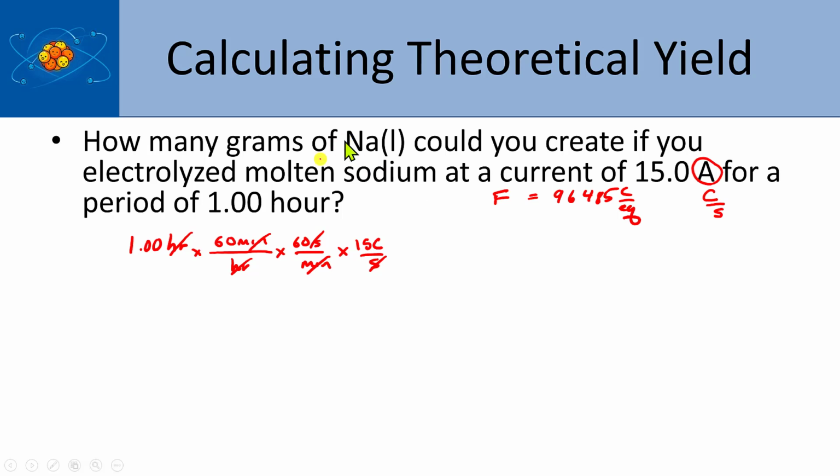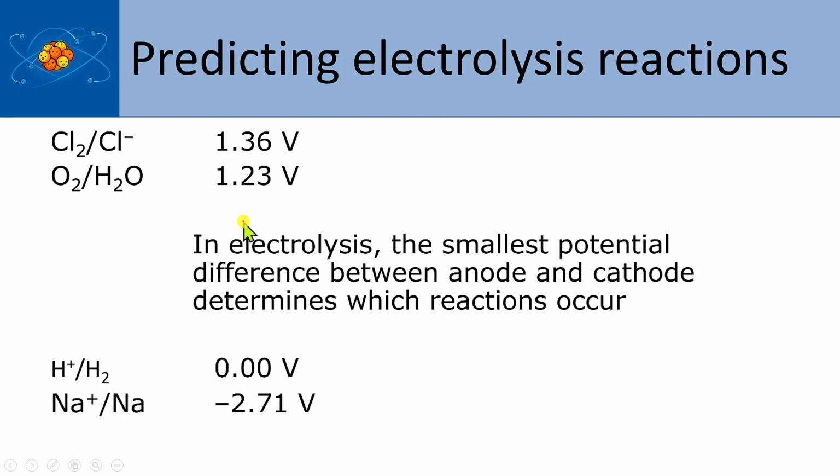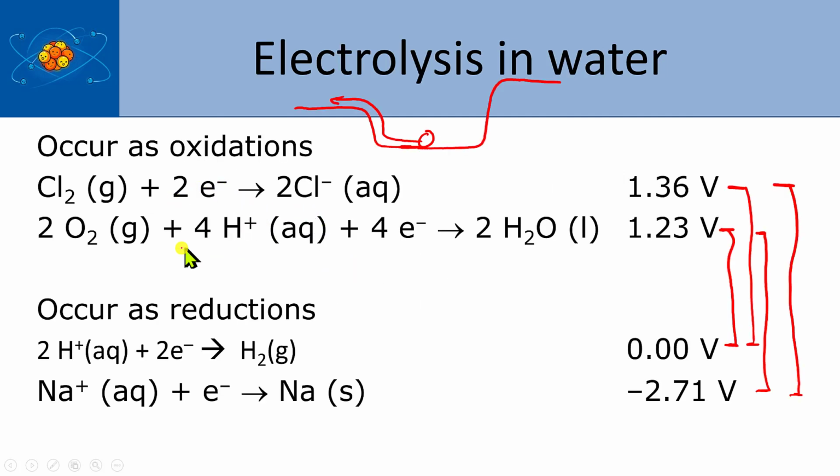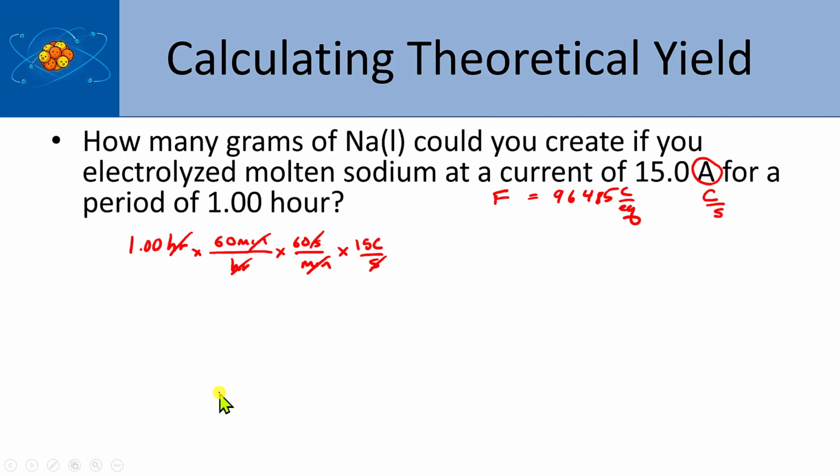Now, if you remember when we were talking about it, the reduction of sodium requires only one electron, so the reduction of sodium N value is 1. So I know N is equal to 1 equivalent per mole.